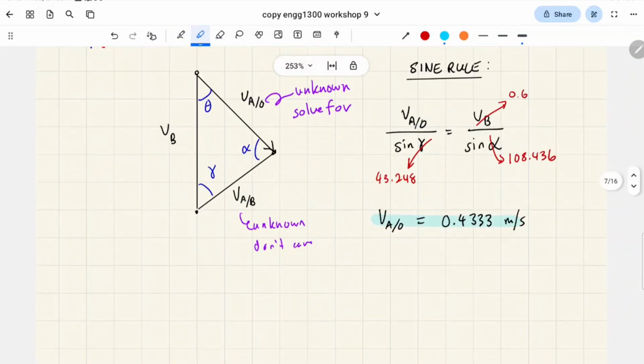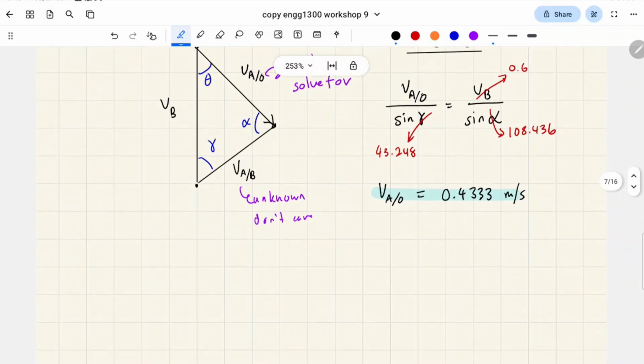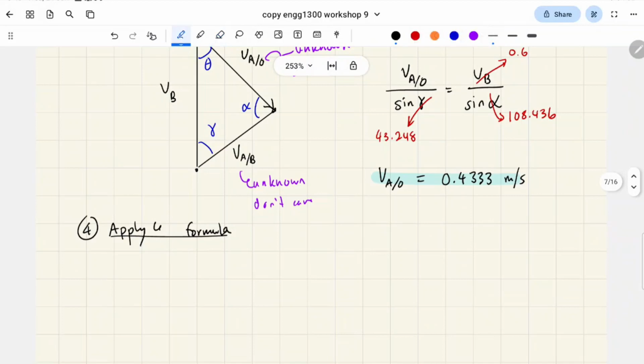One more step is to apply this formula, right? Because we're solving for omega OA, right?